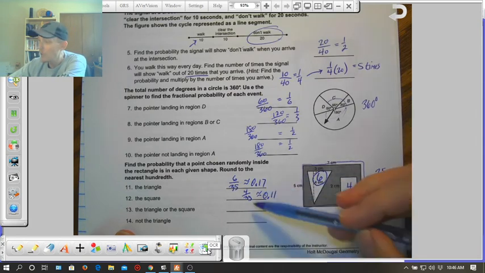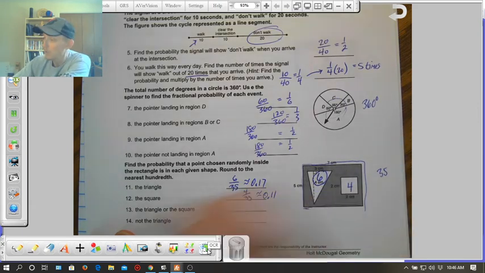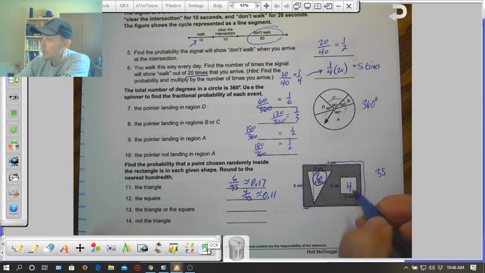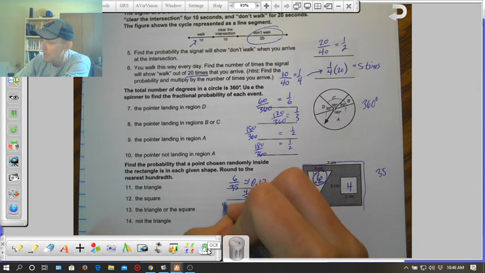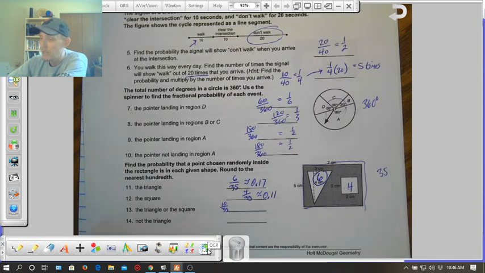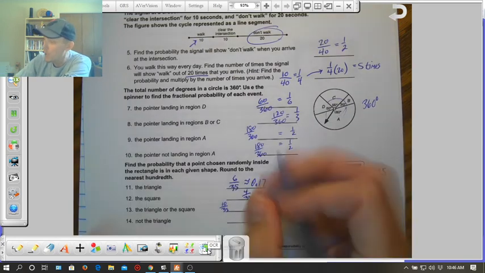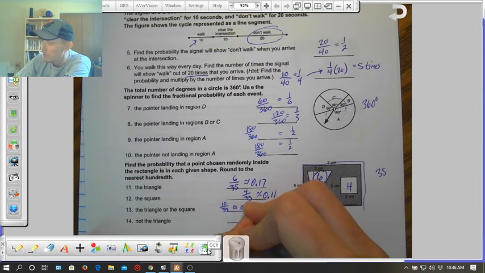The probability that it lands in the triangle or the square: I want both of those, so that's going to be 10 over 35. And 10 divided by 35 is 0.285, which will round up to approximately 0.29.